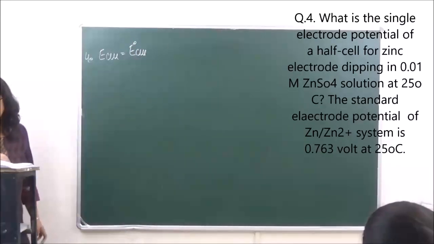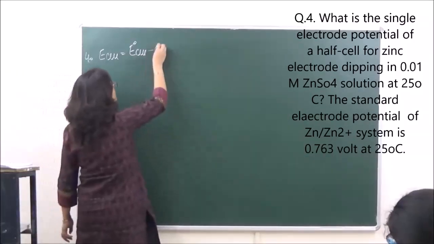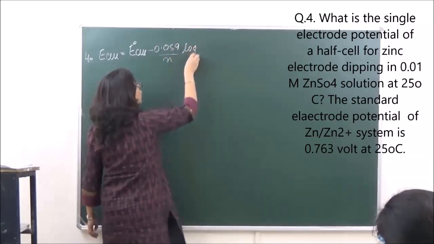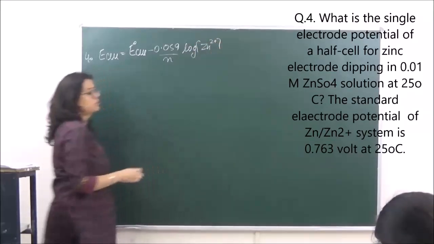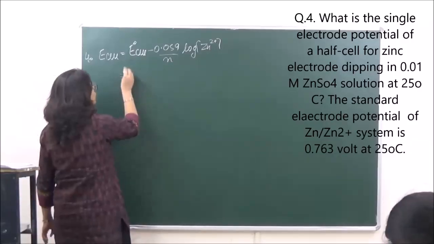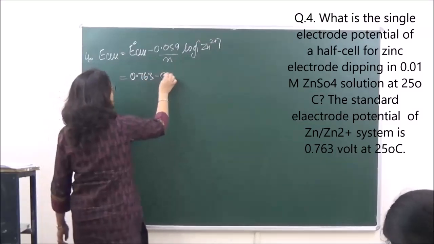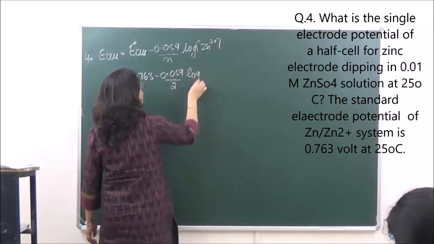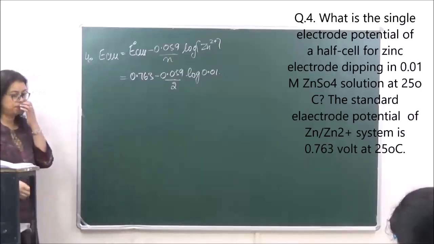E cell equals E naught cell minus 0.059 upon n log of concentration of Zn2 positive. Okay, so the value of E naught cell given to us is 0.763 minus 0.059 upon 2 log of concentration 0.01. ठीक है.